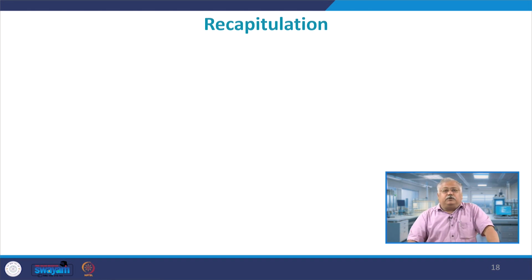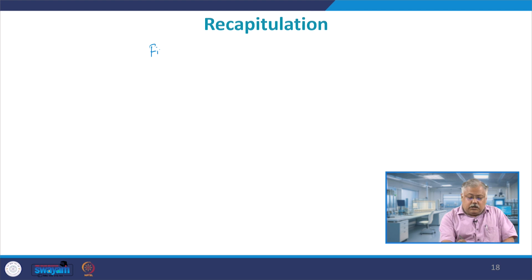So, let me recapitulate what we did in this lecture. We have already looked into the FinFET structure, but what we looked into was FinFET capacitive modeling, the basic model.